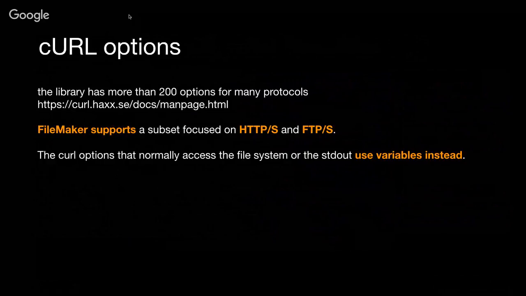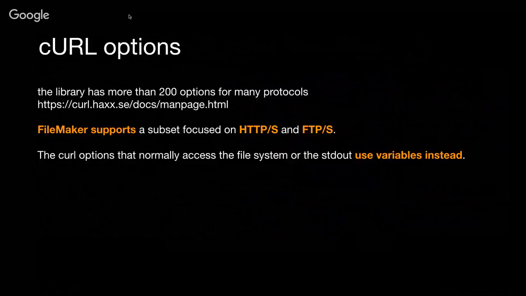But in FileMaker for now, and I had a couple of very interesting conversations about this at DevCon, they have been limited to HTTPS and FTPS. So only two protocols are covered in FileMaker for now.